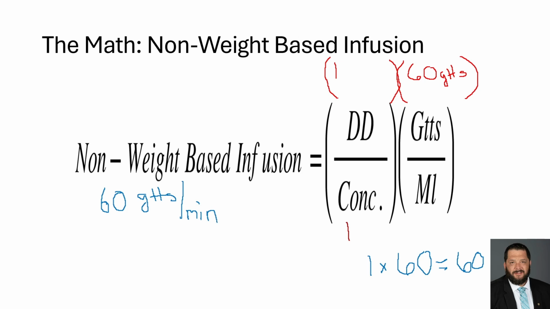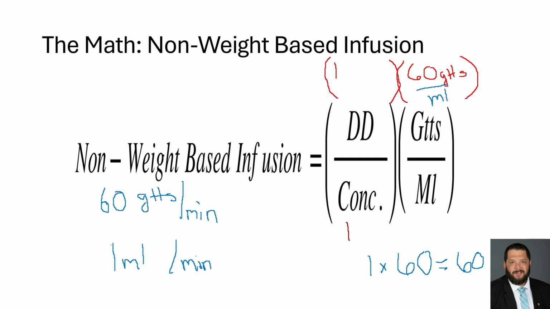Now, a side question from this: how many milliliters would we be giving this patient if we were to run this infusion for a period of 10 minutes? Well, if we're giving 60 drops per minute, and there are 60 drops per milliliter, we can assume that we're giving 1 milliliter every minute.